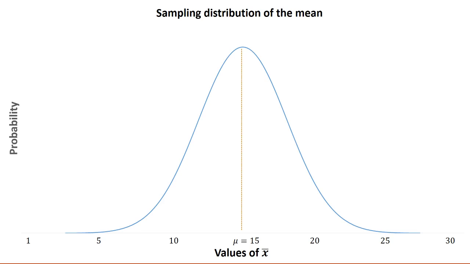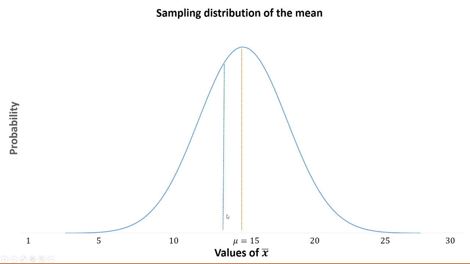Now, you have a much higher probability of drawing a sample mean that is somewhere close to the true population mean than you do of drawing a sample mean that's really far away from the true population mean. So where do our sample means come in?